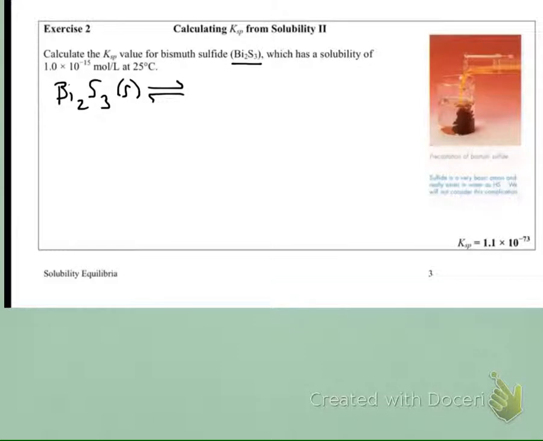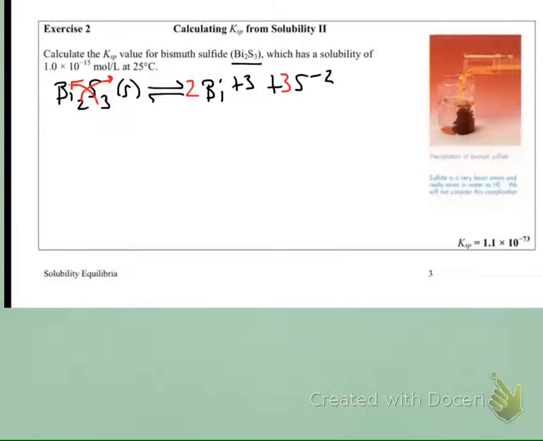Here we have to reverse, switch, lose, and drop. So we know that the Bi should be plus 3. Positives are always first, plus S minus 2. The thing we can't forget to do here, though, is that we need to balance this. So I have 2 Bi's and 3 S's.